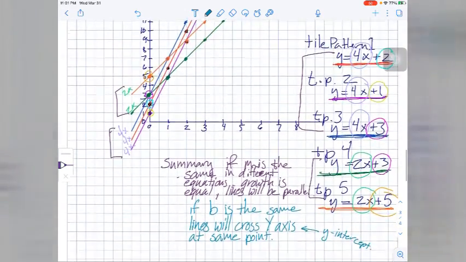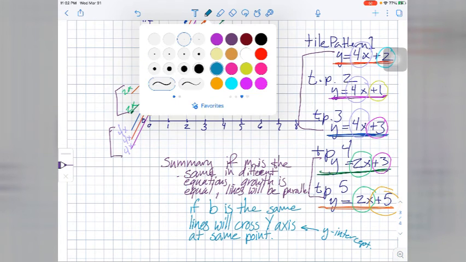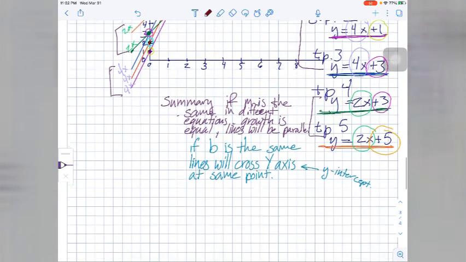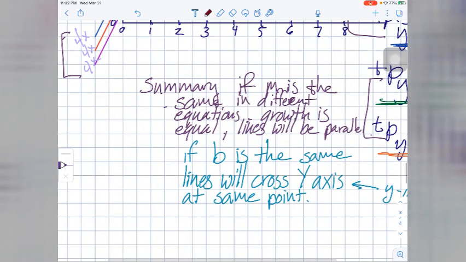We will look at some other things about m. Maybe we should write one last little thing about m in here. Bigger m equals steeper line.